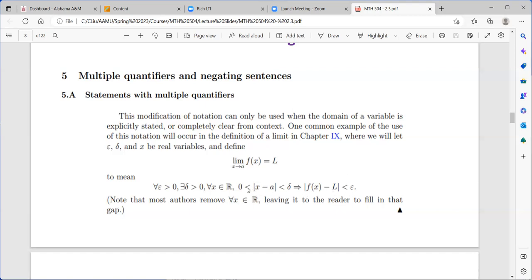That is under the condition that x is sufficiently close to a, so the absolute value of x minus a is less than delta.